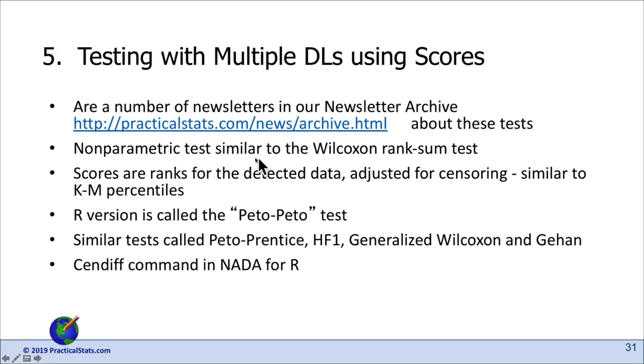So it gives you back numbers that can be used in something very much like, they're really just generalizations of, the rank sum test or the Kruskal-Wallis test, either one. There's going to be one of those numbers for every detected value in the data set, and they're basically evaluating whether the percentiles are the same in the two groups.